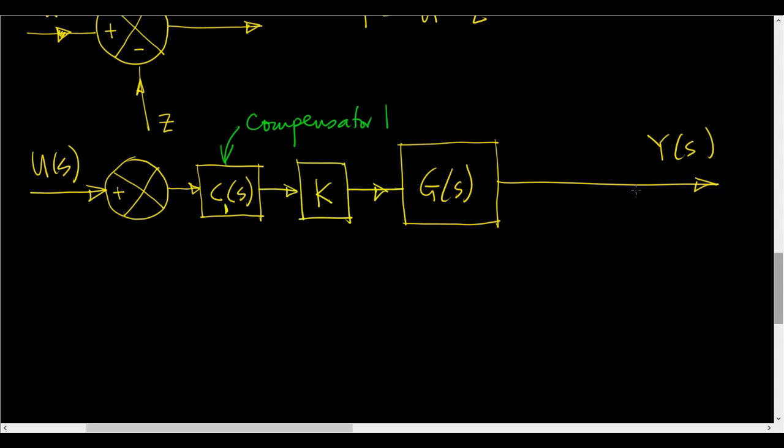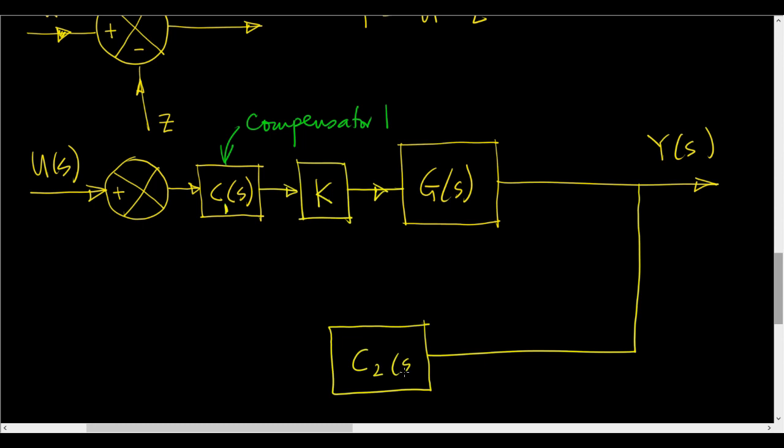But I will have feedback, so I will measure this and I may put it through some other compensator. This is just a measurement now. This is the physical variable, maybe 1 megapascal. This is just some voltage from a pressure probe, right? But we are treating them mathematically the same. I hope you understand that. C2 of s, this is compensator 2.